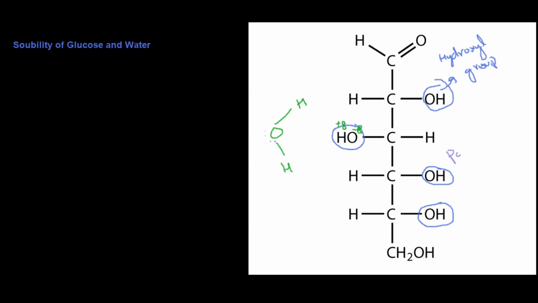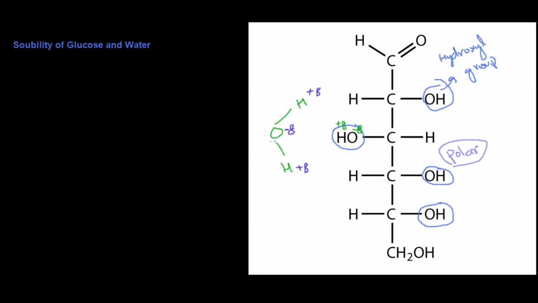Glucose is polar because, as you can see, it has a large number of hydroxyl groups, and each hydroxyl group has partial positive and partial negative charge. So the water molecule is also a polar molecule. It has partial negative charge and partial positive charges. Now what would happen?